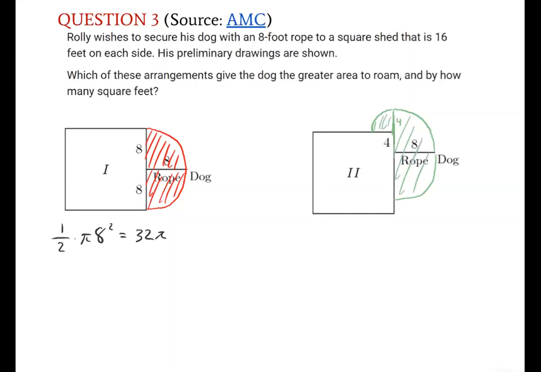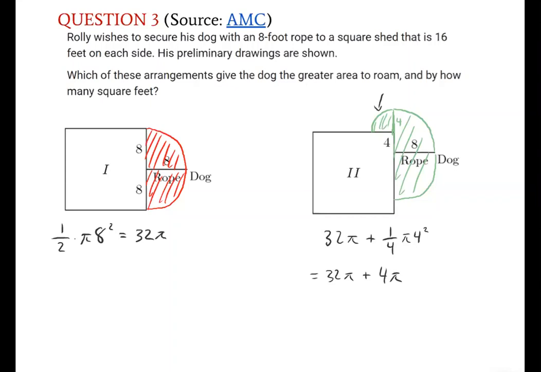We already know the area of the semicircle. It's just 32 pi, and then we just want to know what this small quarter circle is. The area is 1/4 times pi times 4 squared, and this is equal to 32 pi plus 4 pi.